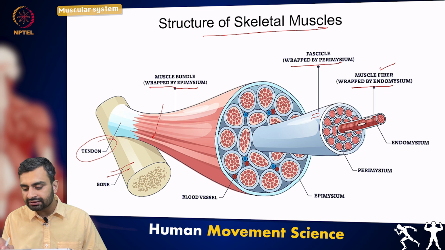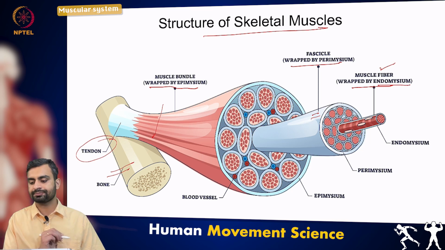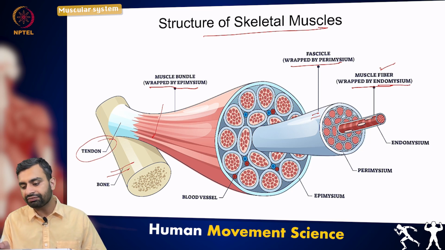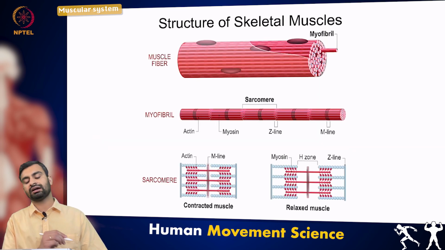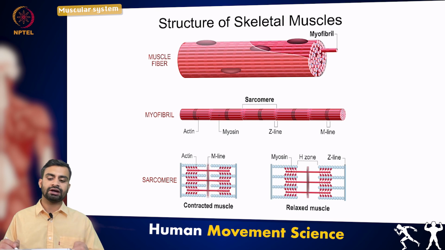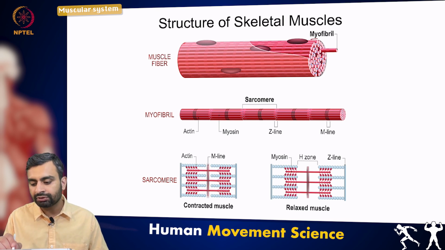Muscle fibers are wrapped by a covering known as endomysium. This endomysium contains different muscle fibers. If we look further down, these muscle fibers are made up of myofibrils.